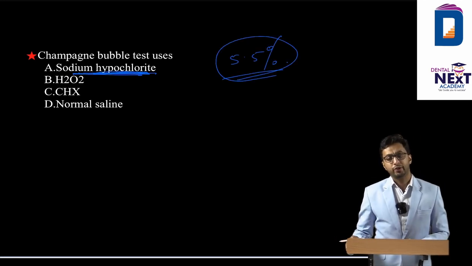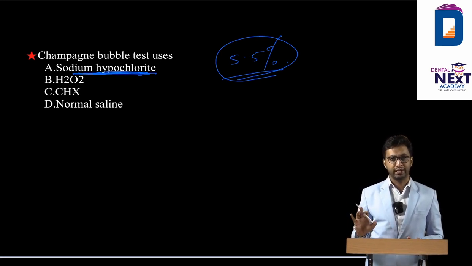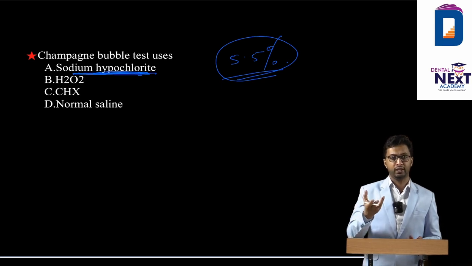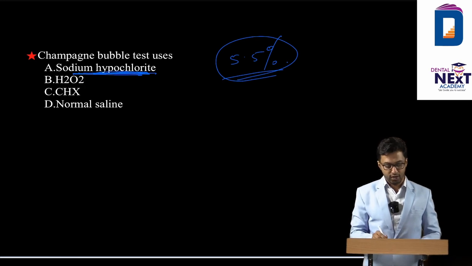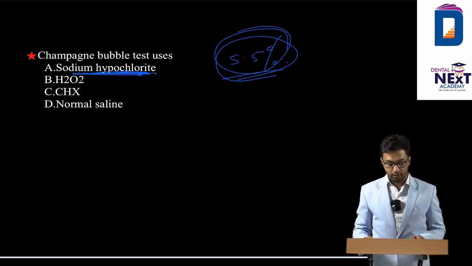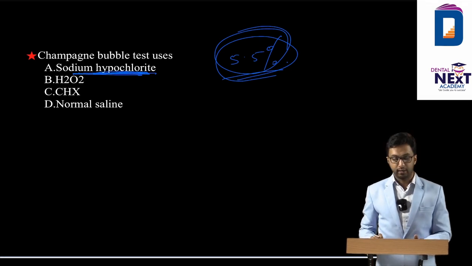People unnecessarily worry about hypochlorite accidents beyond the limit. Yes, you have to be careful, but too much worry is not required, especially when you're using it in the pulp chamber, where it is not going to go beyond the apex. So you can use 5.5% hypochlorite, which is the most efficient concentration for root canal.